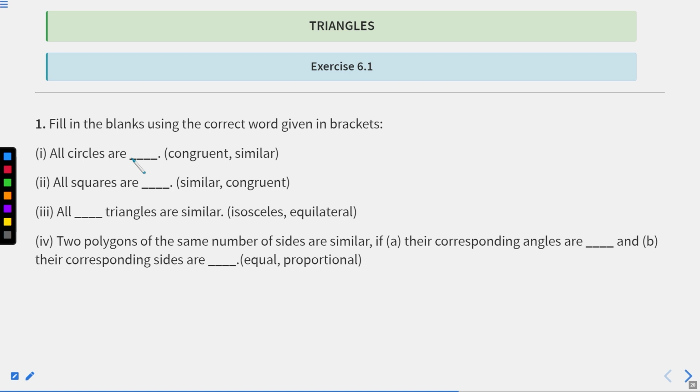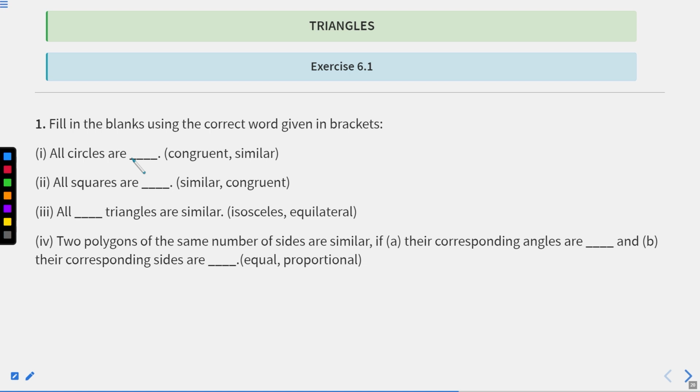In the first one, all circles are similar, since the shape of all circles is the same, but the size of all circles is not the same. So all circles are not congruent. All circles are basically similar.